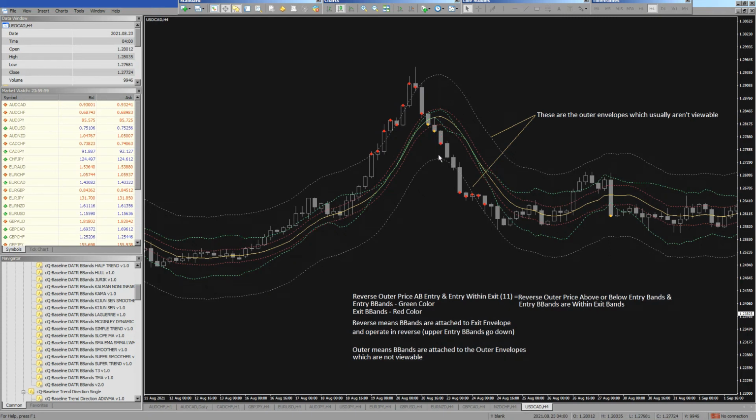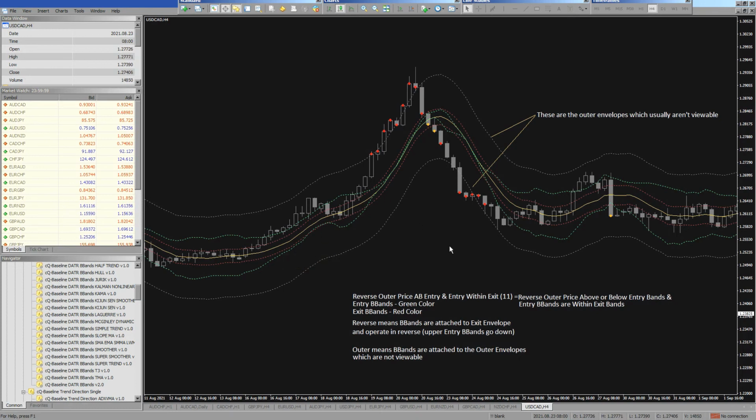Same thing here. At this point, the entry got outside the exit envelope, these two evidently, so it didn't draw dots there, but on these, as it fell back in.